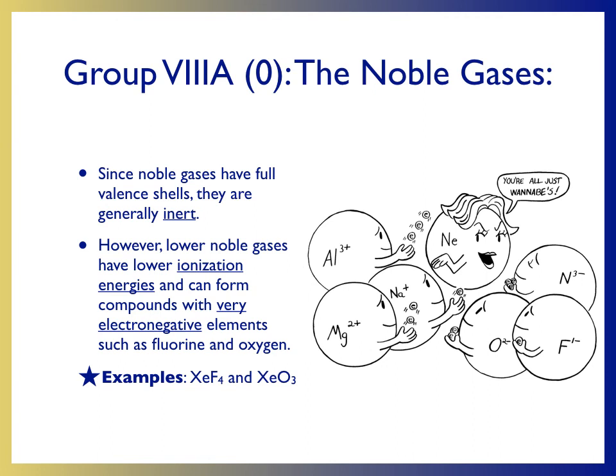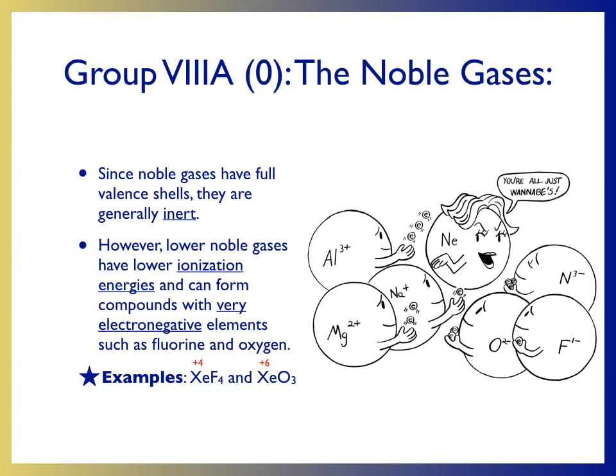Xenon can combine with fluorine to form xenon tetrafluoride, where xenon has a +4 oxidation state. It also combines with oxygen to form xenon trioxide, where xenon has a +6 oxidation state.